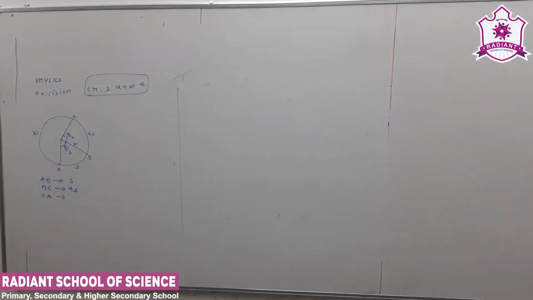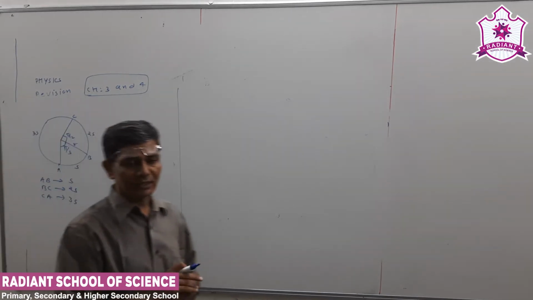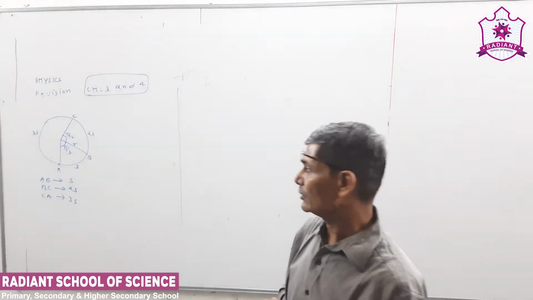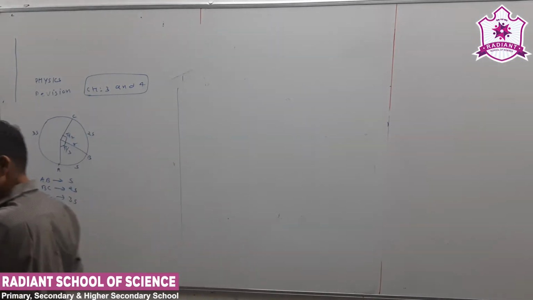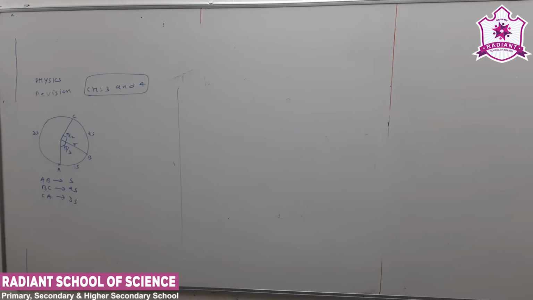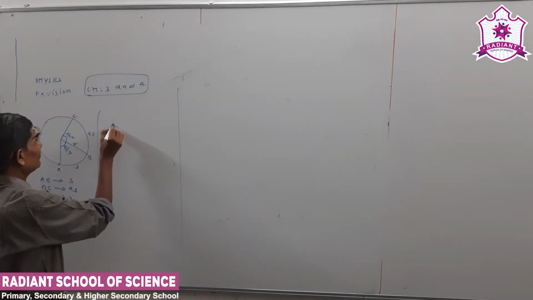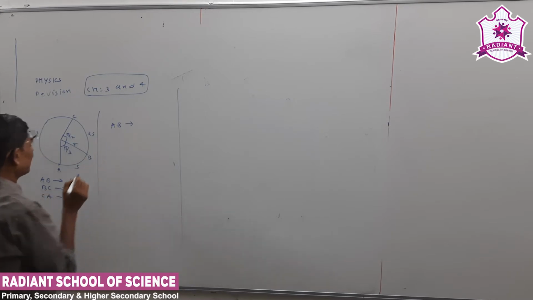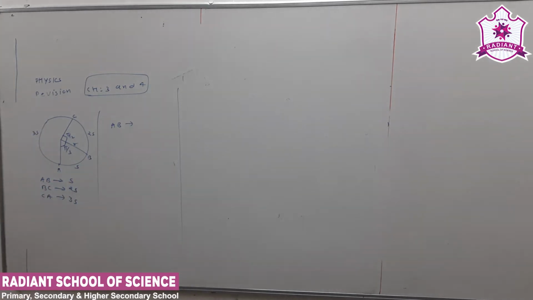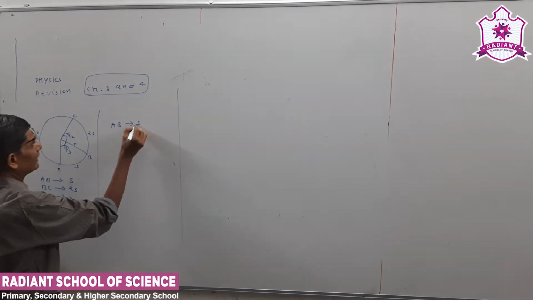Now we have to calculate the average speed. Average speed is total distance upon total time. Now first part, AB part, length of the arc is s into pi by 3.